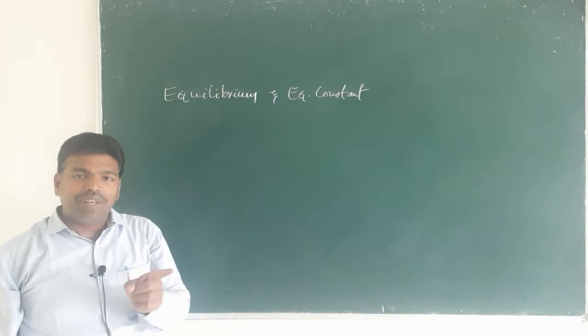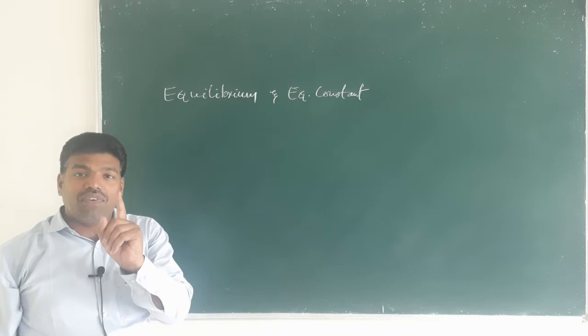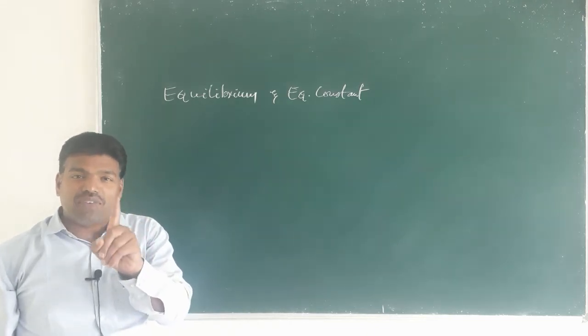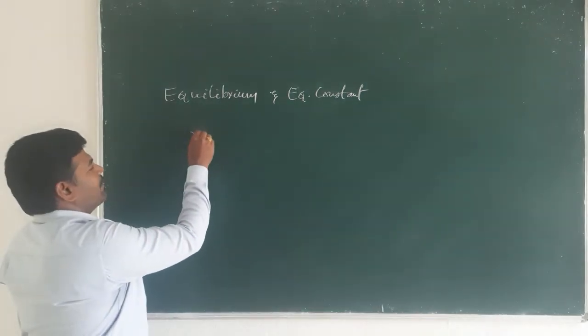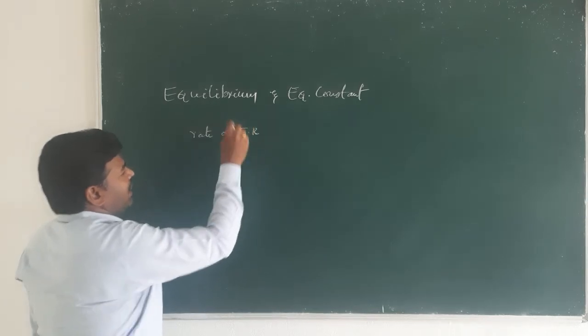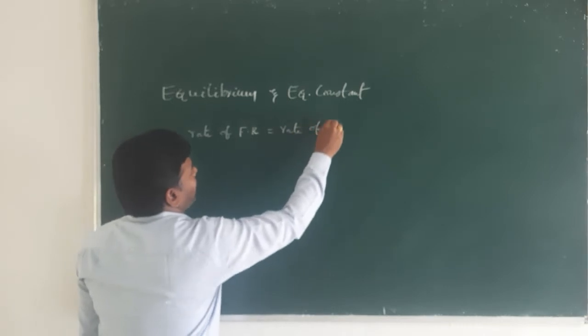Therefore, equilibrium is a state where the rate of forward reaction is equal to the rate of backward reaction.